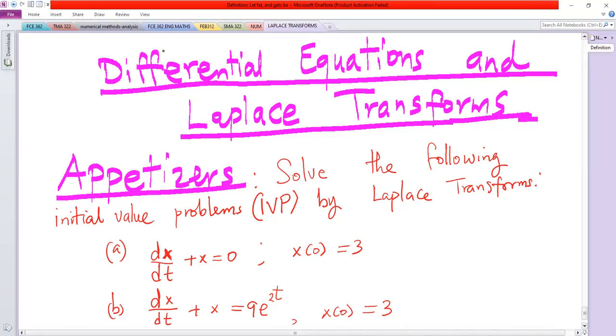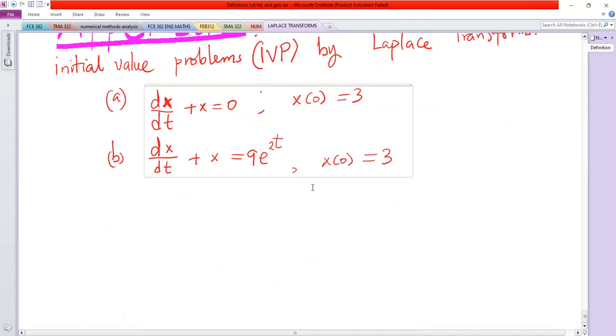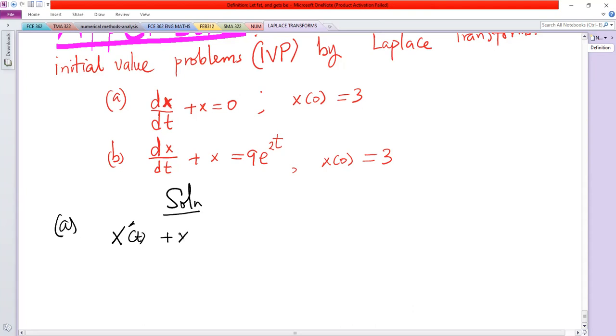Now, the first thing we remember is that we take the Laplace transform on both sides of the differential equation. So, solution to part a. Note that this can be written as x'(t) plus x(t) equals 0, where prime denotes the derivative.